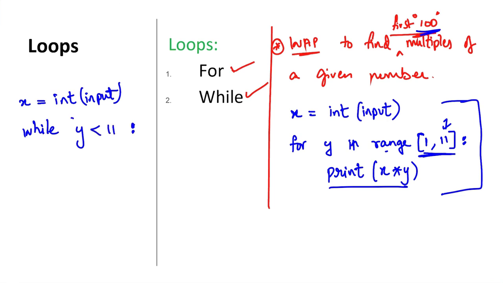We can also use brackets if you want. Now the indentation starts. While y is less than 11 means until y is less than 11, it's okay.